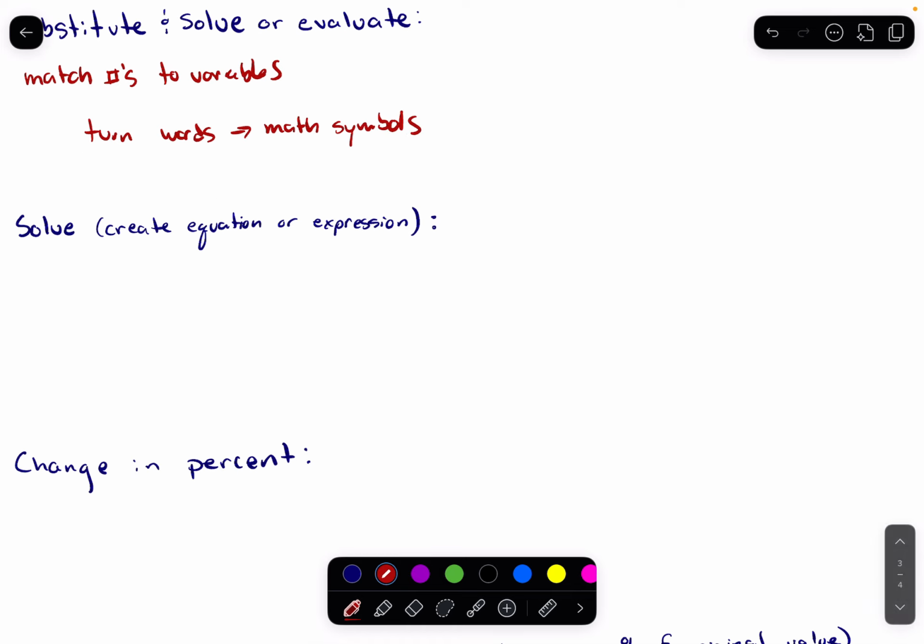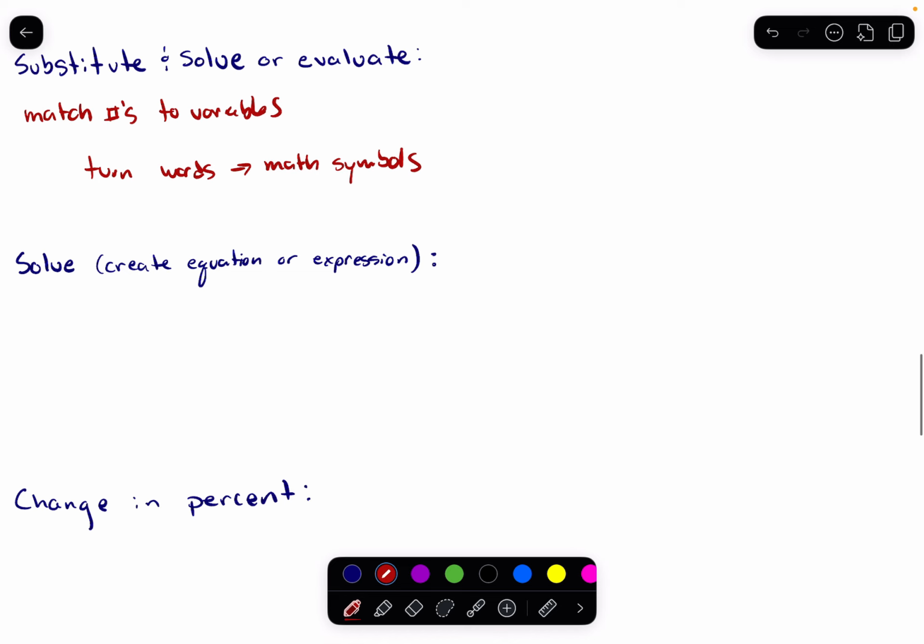There are some that kind of go with what I was just talking about, where it wants you to create an equation or an expression. I got ahead of myself a little bit. In these story problems, obviously it doesn't just give it to you because it's a story problem, though there will be some on the ACT that might just give you the equation.